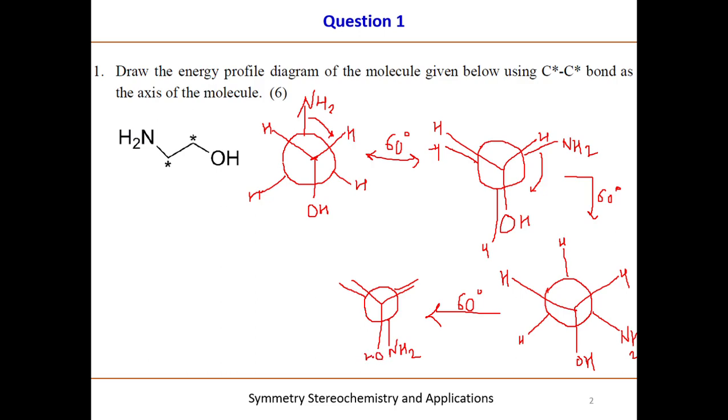In the staggered conformation, the dihedral angle is 60, and in the eclipsed form it is 0. So I am drawing here the eclipsed form. There is no distance between these two bonds. I am showing it here because one is overlapping the other. But this is not the bond distance. So this is a 0 degree angle.